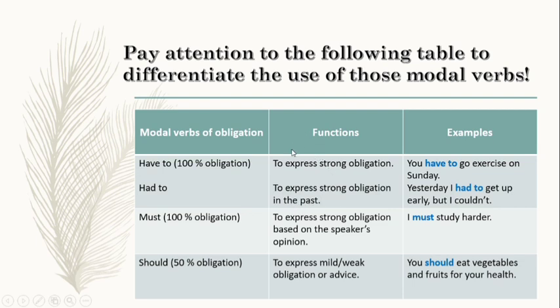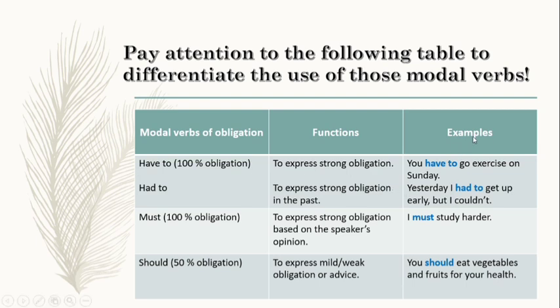So students, if you want to express a strong obligation in the present or now, you can use have to as the modal verb. But if the strong obligation has been in the past, you can use had to. It means that the action has been done in the past.